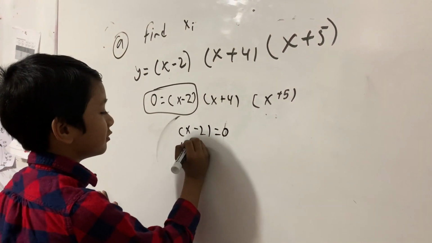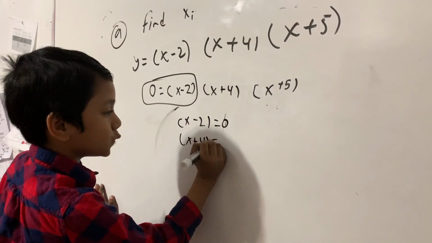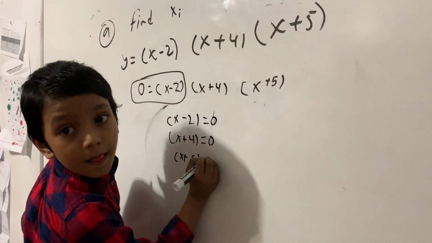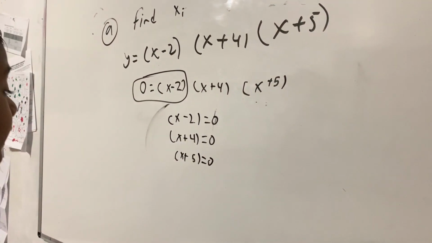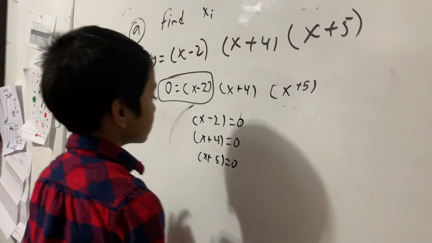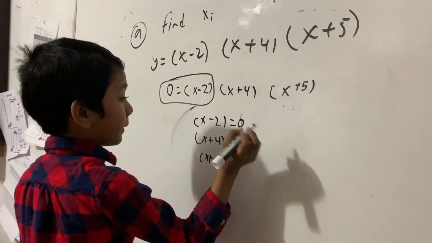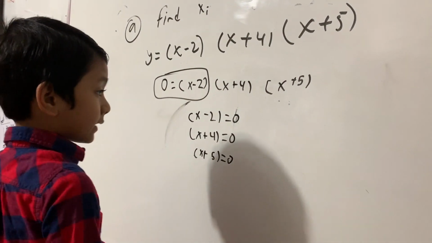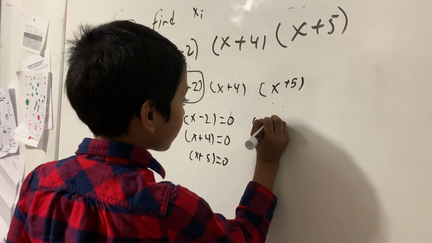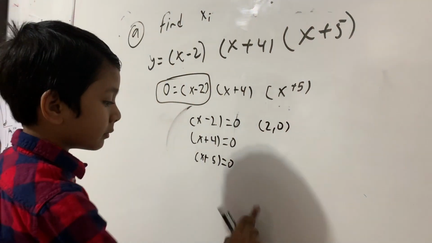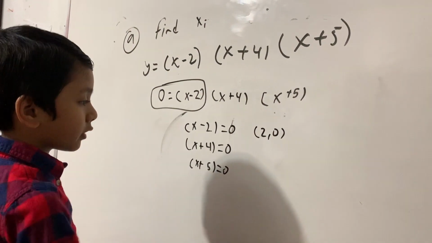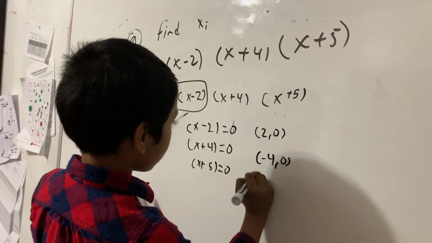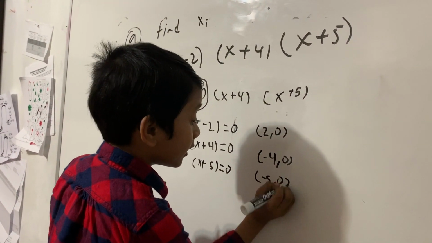Let's write an actual 0. So if x minus 2 equals 0, we got x equals 2, but y is set to 0, so 2 comma 0. x plus 4 equals 0, we do the same thing, but y is set to 0.